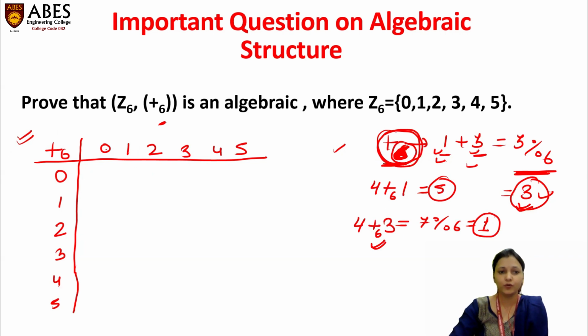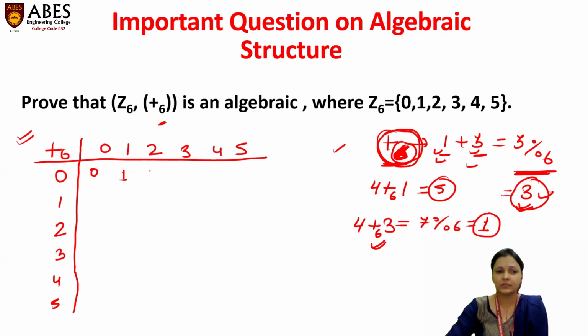Here it is 0 plus 0, so 0 addition modulo 6 is 0. We first add these two terms and then divide the addition by 6. Whatever the remainder is, we write here. When we add 0 and 0, we get 0, and dividing 0 by 6 gives 0 as the remainder. Similarly, now we add 0 with 1 and divide by 6. We get remainder 1.